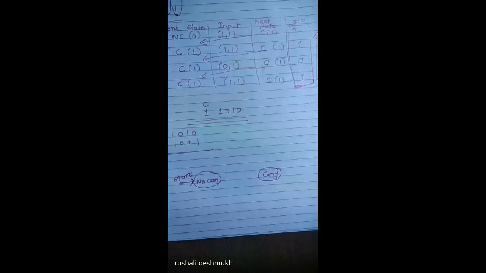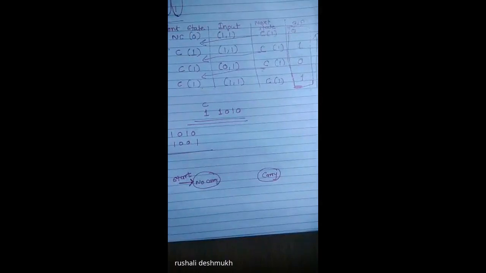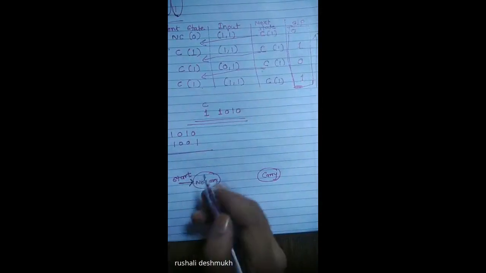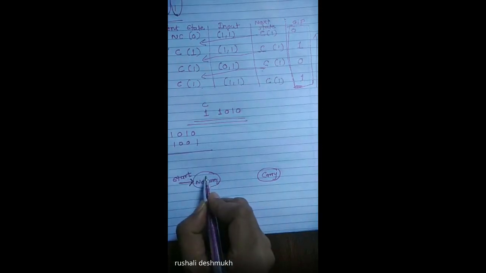Now you have to add the edges. Edges are the transitions from one state to another on reading the input symbol. So if you start at no carry, what are the outgoing edges from no carry?